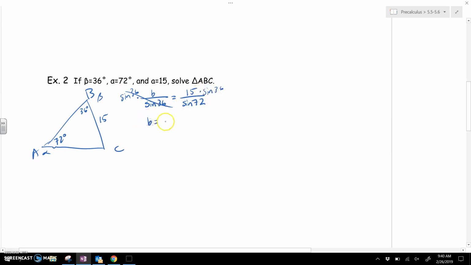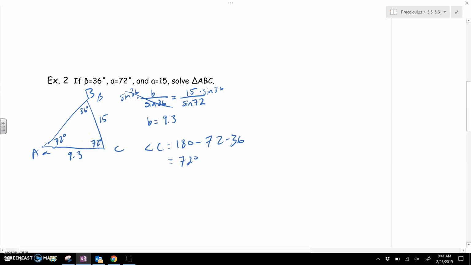Type it into my calculator, and I got b is 9.3. Put that on my triangle, over here. Then I'm able to solve for angle C, which is 180 minus 72 minus 36. So angle C would be 72 degrees as well.